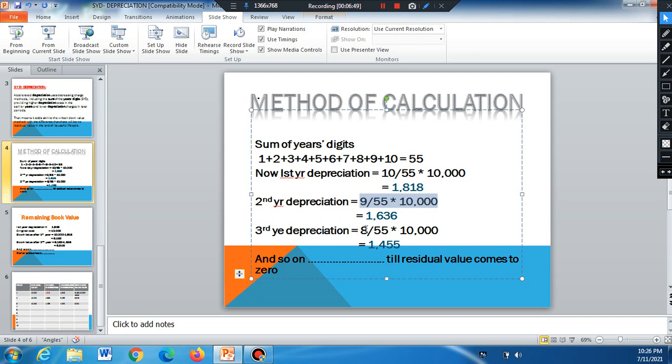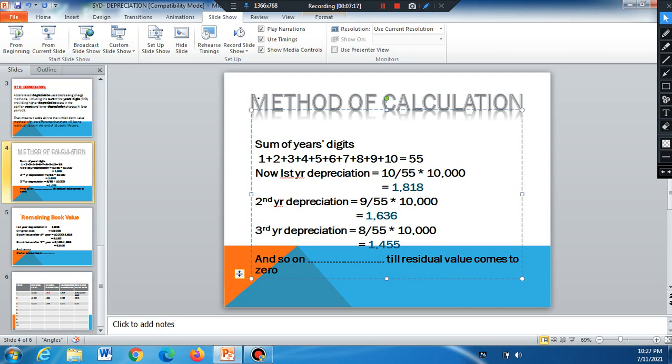Similarly, third year, fourth year, and up to 10 years, we keep on calculating like this: 8 by 55 into 10,000. Fourth year depreciation will be calculated the 7 by 55 into 10,000 and 6 by 55 into 10,000. So this will keep on calculating the annual depreciation value.